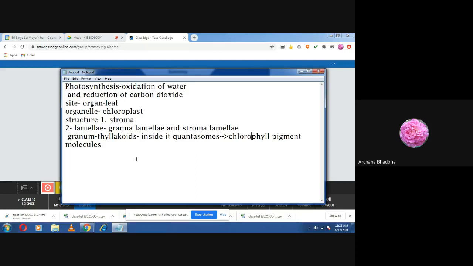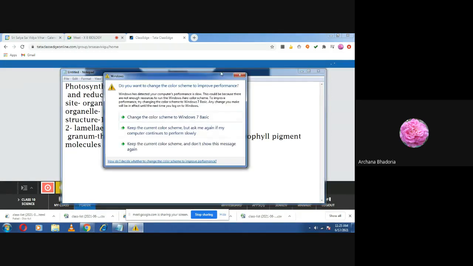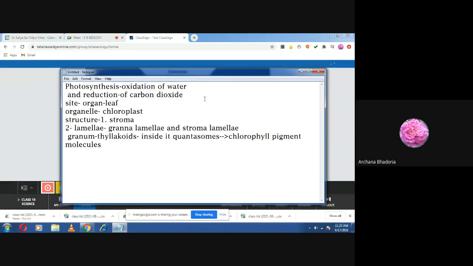So you can note down here that the quantasomes are absorbing or trapping the sun's energy. And in the quantasomes, which component is trapping the sun's energy? Chlorophyll molecules will trap the sun's energy and carry out the oxidation of water. You can write it here itself, children, that is photolysis of water.